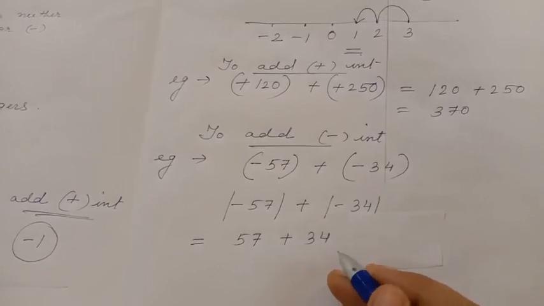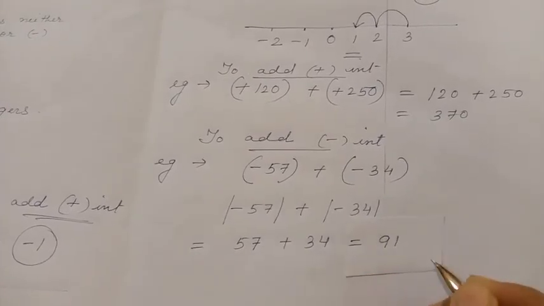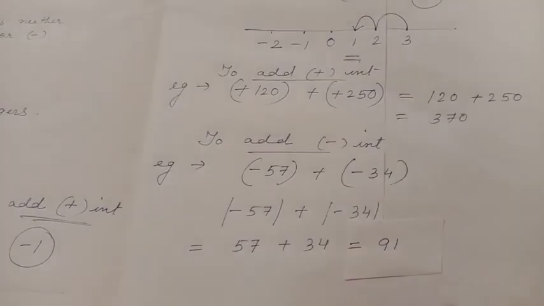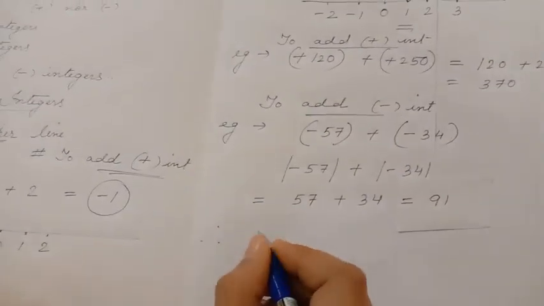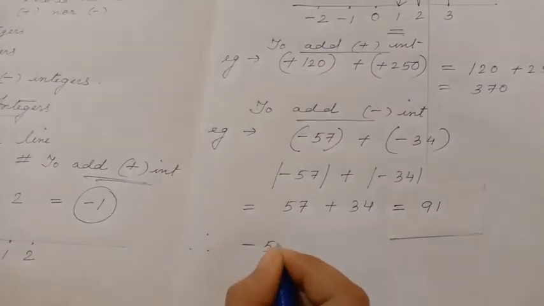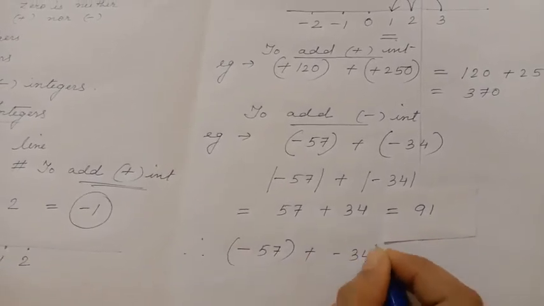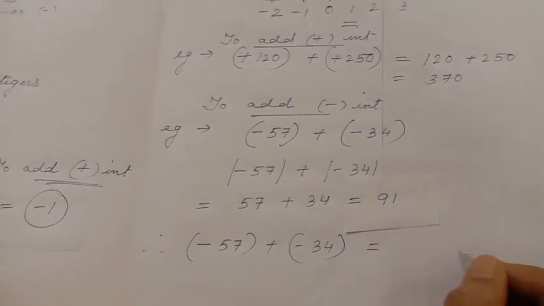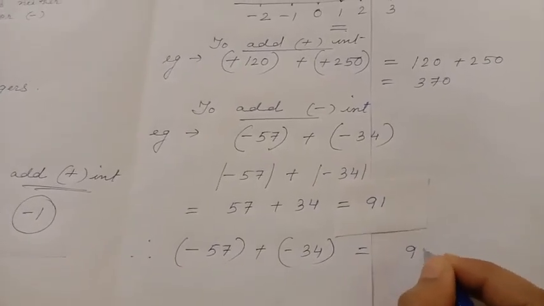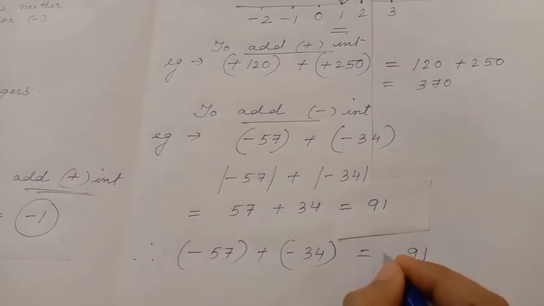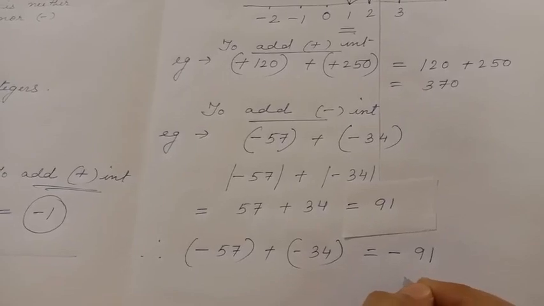If you add these two numbers, it will be 91. So minus 57 plus minus 34 will be the sum of their absolute values, and in front you give the negative sign.